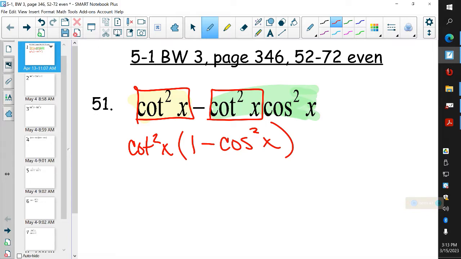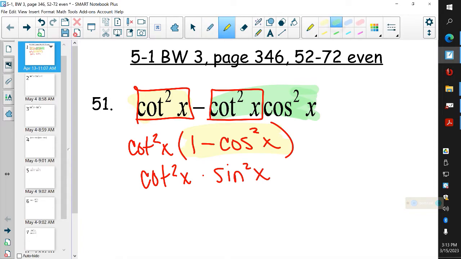Now, after we apply our factoring, it says to then apply your trig identities. The trig identities should tell you that 1 minus cosine squared is equal to sine squared of x. Then your brain should look at this and say, hey, I have a foundational trig function in my problem, so all of them need to be in terms of sine and cosine.